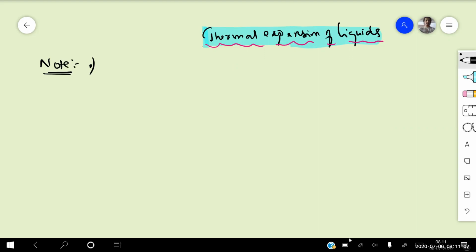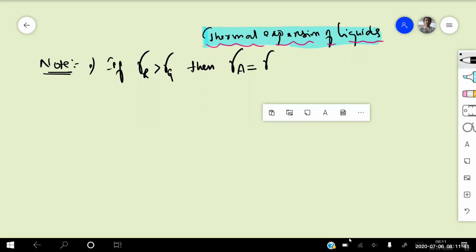Note number 1. If the coefficient of real expansion is greater than the coefficient of your glass, then gamma apparent will be equal to gamma of real minus gamma of glass.